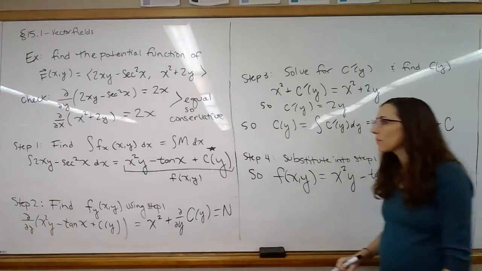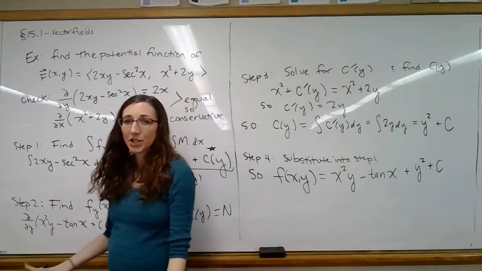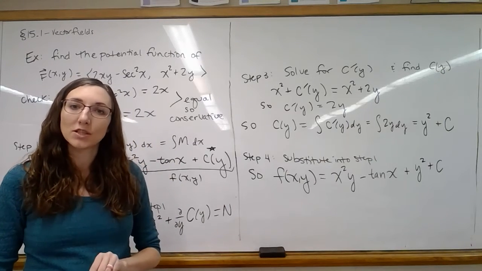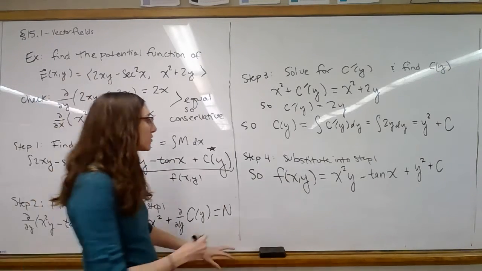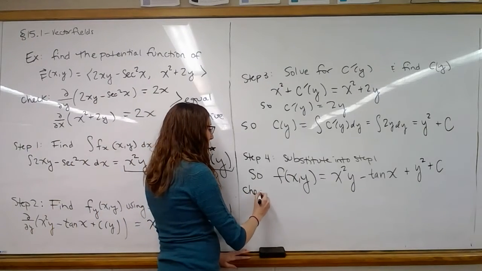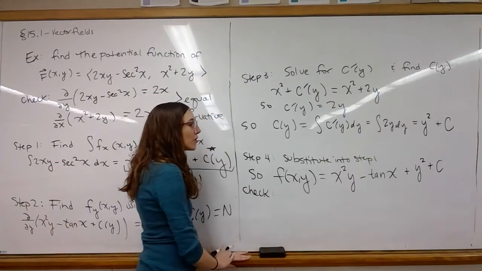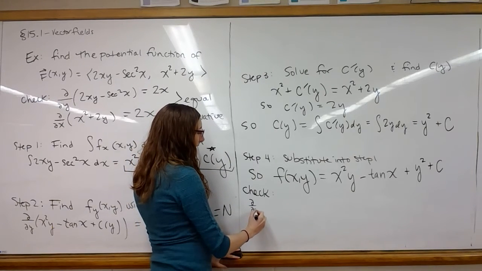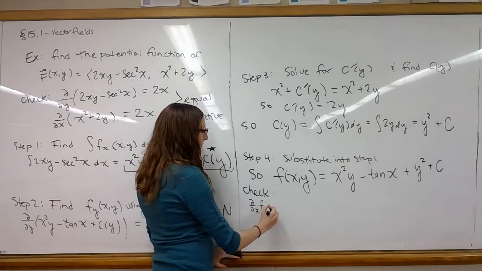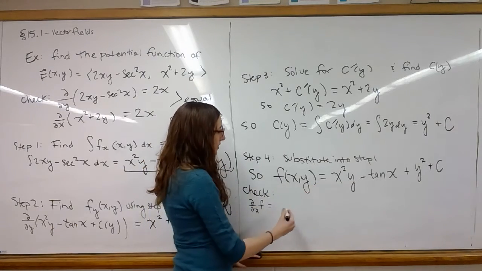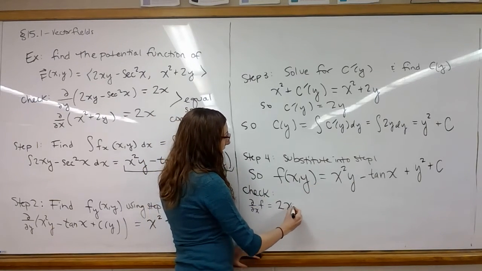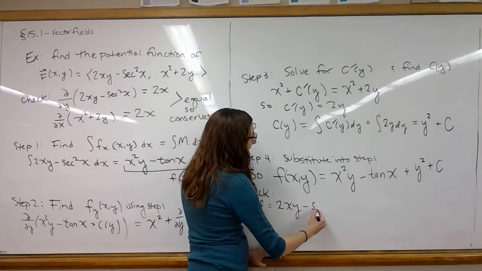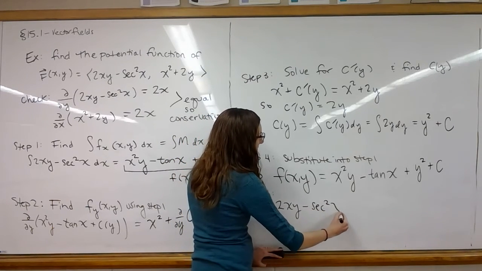Now you might be thinking, can I check that this is right? Well, it's fairly easy to check because we just need to do the derivatives. If we want to check this, just do those first partial derivatives. The partial derivative with respect to x of f, we'll bring down the 2, so we'll have 2xy minus the derivative of tangent, which is secant squared x.